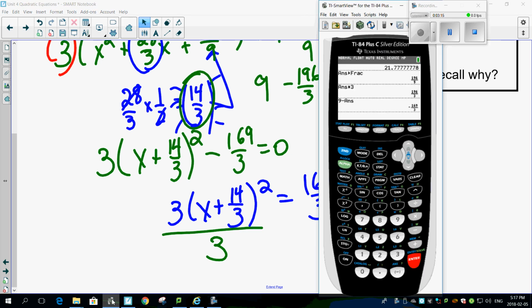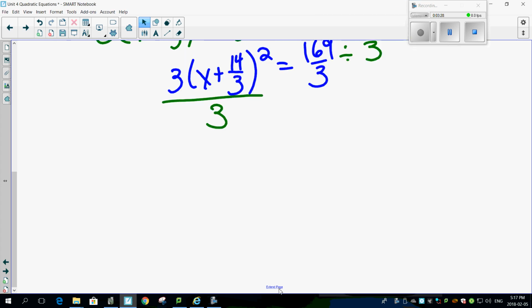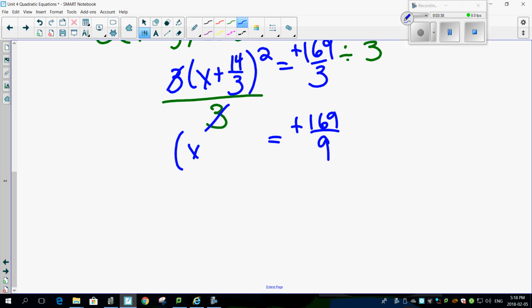You still got negative 196 over 3. Divide it by 3, and look what happens. That gives you 169 over 9. Here it is. Negative 169. Oh, it's positive though. Positive 169 over 9. Oh my goodness, those cancel out, leaving you x plus 14 over 3 squared.